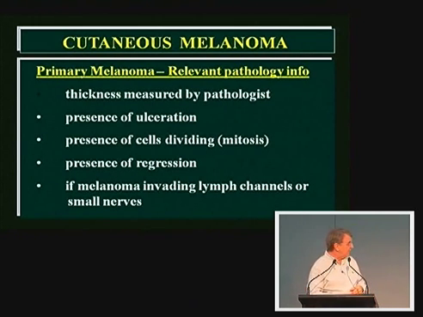We want to know whether there's ulceration because it's a worse prognostic sign. We want to know whether the cells are dividing, that's mitosis. There's this word regression, where the tumour seems to be dying or disappearing. There's no evidence that regression is a bad prognostic sign. We think it may be an immunological reaction, we're not really sure. And then we want to know whether it's invaded into other things like nerves or lymph channels.